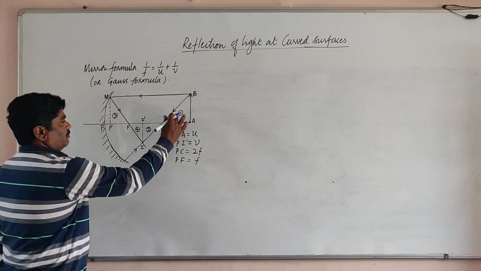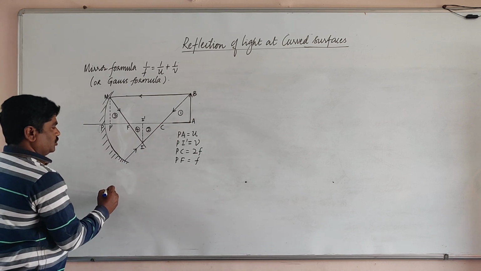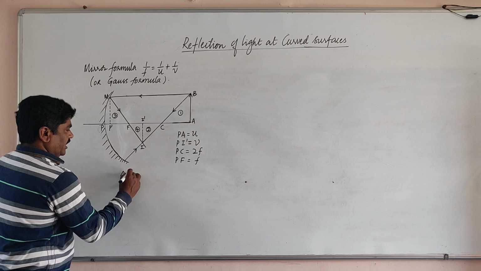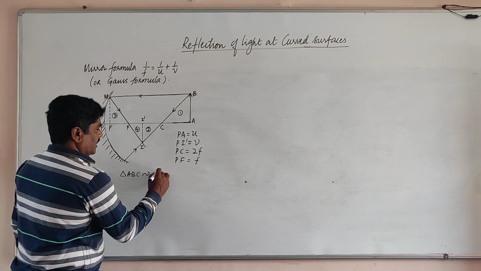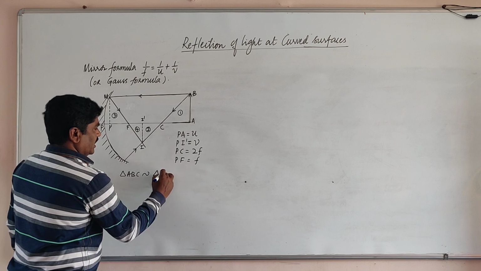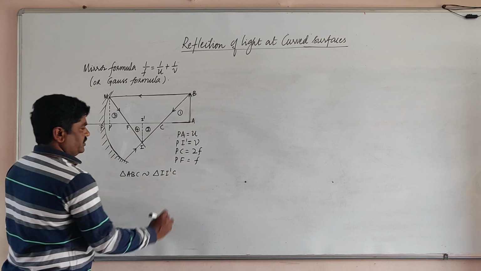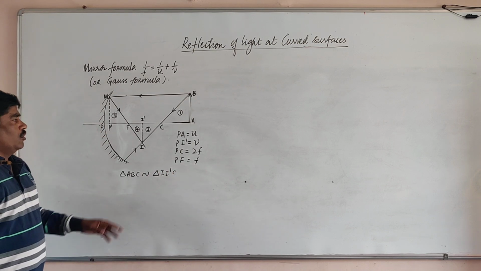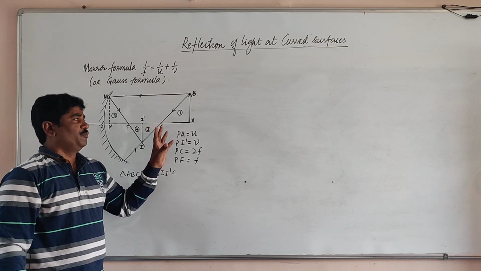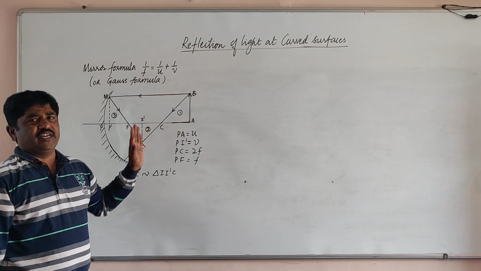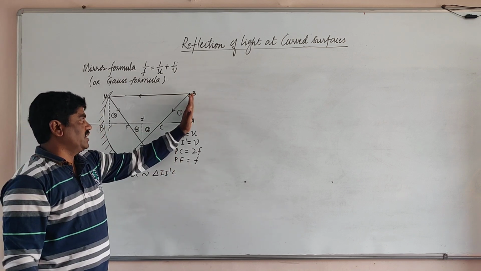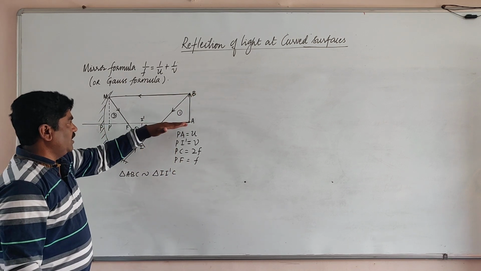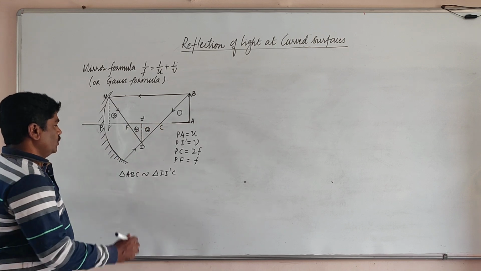So we compare triangle 1 and triangle 2. Triangle ABC is similar to triangle I dash C. What is the similar triangle principle? Corresponding sides' ratio is always equal. The heights are corresponding and the bases are corresponding.